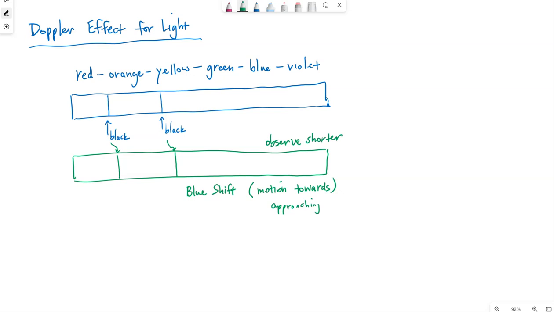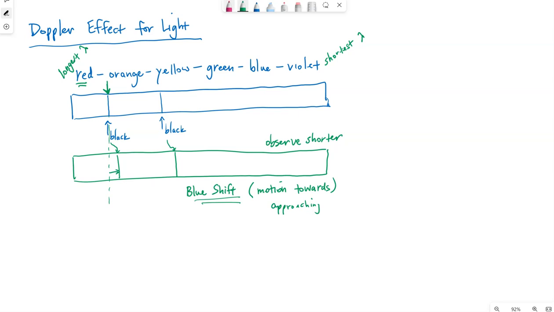Now, not that you should expect to know this, but the red end of the visible spectrum is the longest wavelength out of visible light. Violet is the shortest wavelength. And so if we see a shift of an expected wavelength to the right, like this, we call that the blue shift, and we can get an idea of how fast that star is moving, or whatever it is we're looking at.